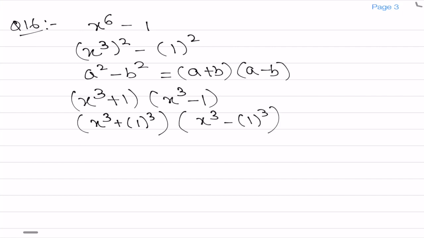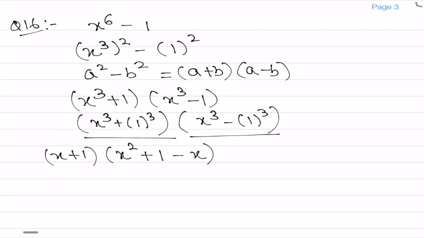In the first we will use the sum of cubes, in the second we will use the difference of cubes. So it becomes x plus 1 into x square plus 1 minus x. Second becomes x minus 1 into x square plus 1 plus x. So these are the four factors of the given expression.